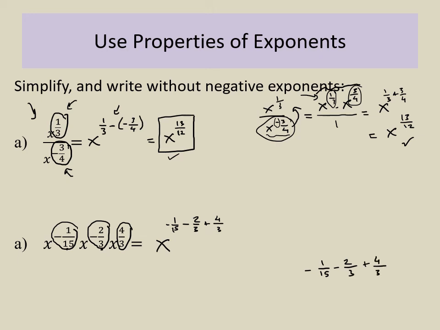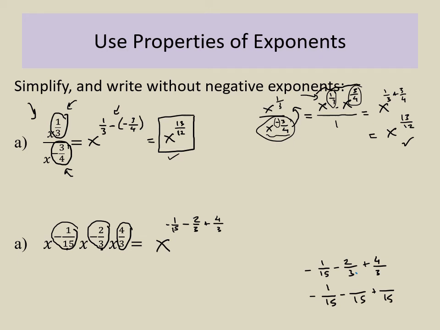Once again, we're adding and subtracting fractions, so we need the common denominator, which is going to be what in this case? We have 15 and 3 and 3, so the common denominator will be 15. So we're going to have to write everything here over the same denominator, 15. The first fraction, we don't have to change anything. It already has the common denominator. But what about the second one?